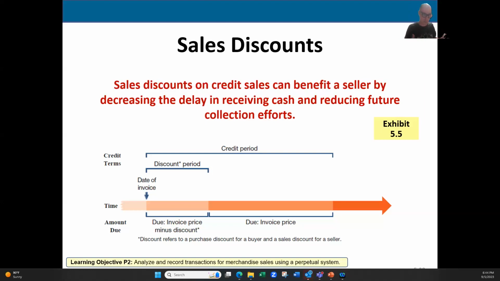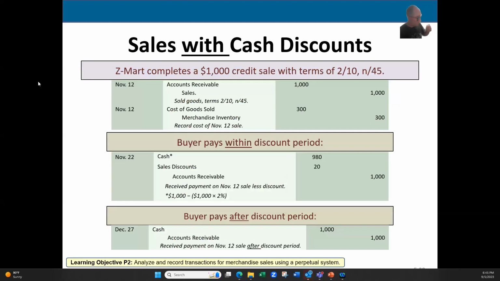We talked about this part earlier. Discounts. Every time there's a discount involved, there's what we call credit terms. Customer pays us within a certain amount of time, we give them a discount. Otherwise, the whole thing is due later, at the end of the invoice period. Just like before.